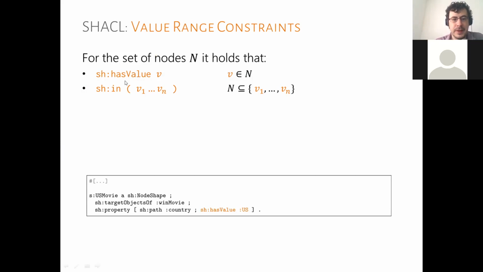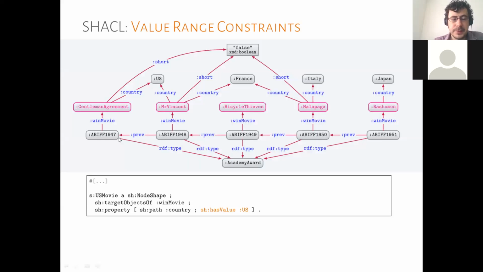We can use has value, or we can provide a list of different values it could be. For example, we could say a North American movie must be in US, Canada, Mexico, maybe Denmark, I'm not sure. Well, Greenland.